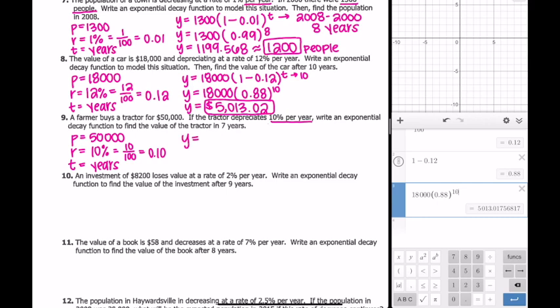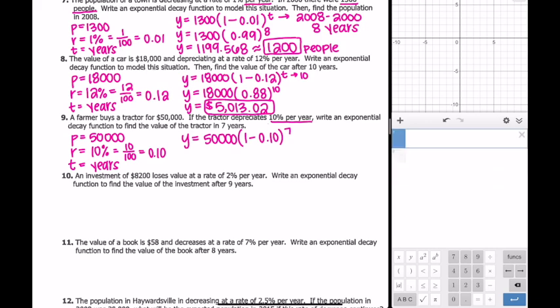Okay, so Y equals 50,000 times 1 minus 0.10. And we're looking for that value after 7 years. So we can type all of this into Desmos exactly how you see it. You don't need to type the y equals, just the numbers that you're evaluating.